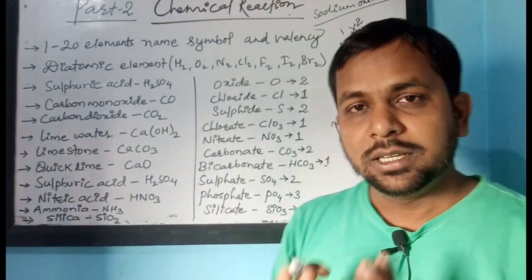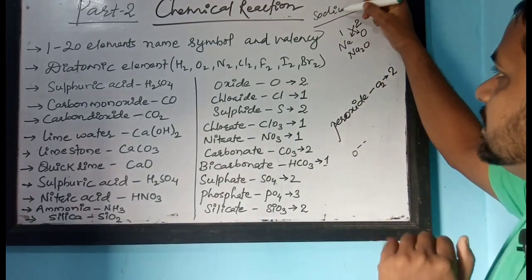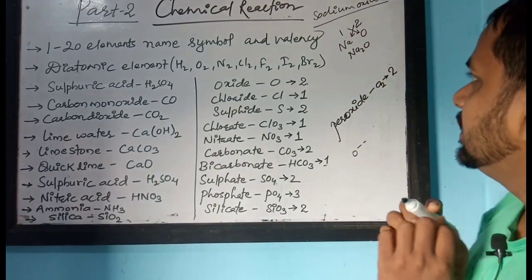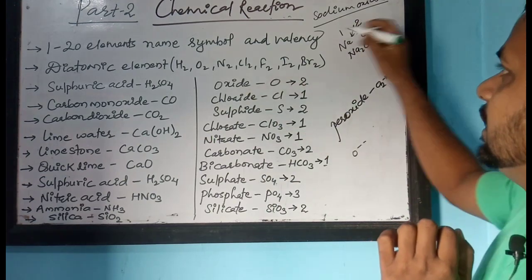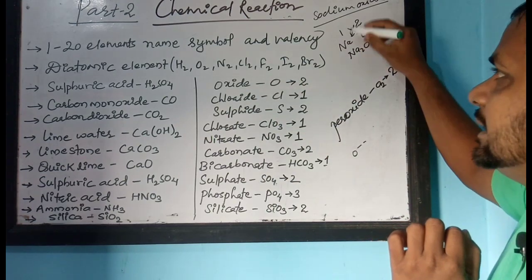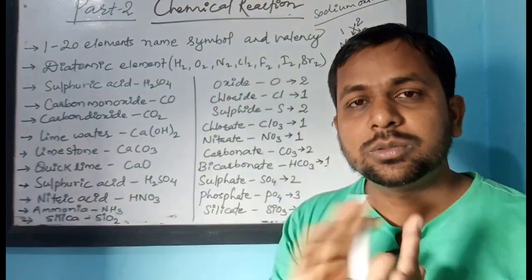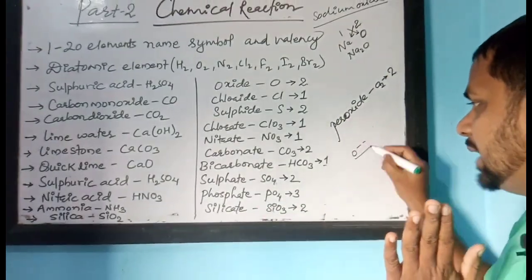If we have to change this word into a formula, then we have to use the symbol O while crisscrossing. We should not use O minus minus.